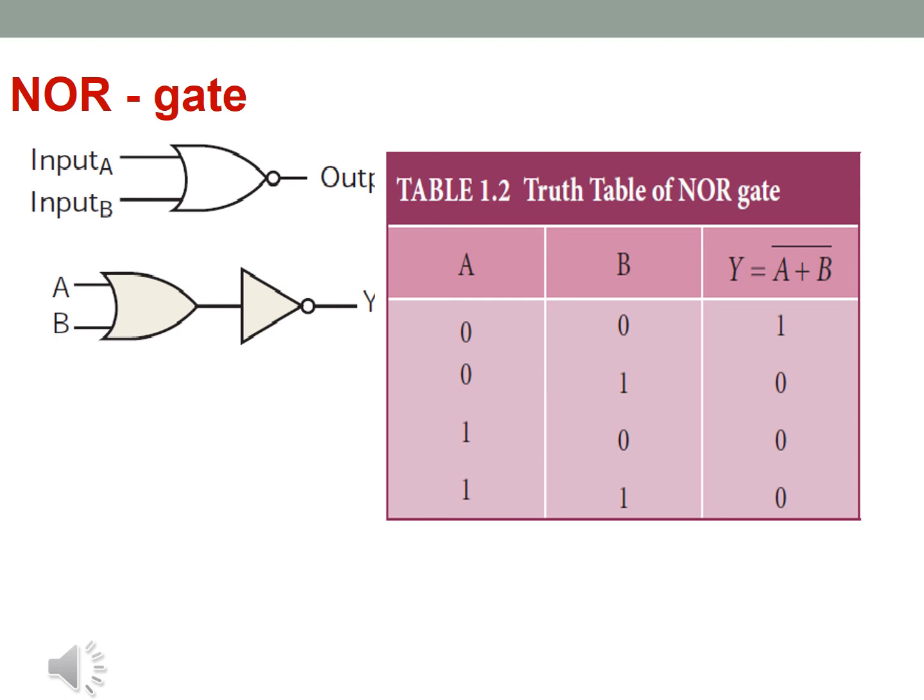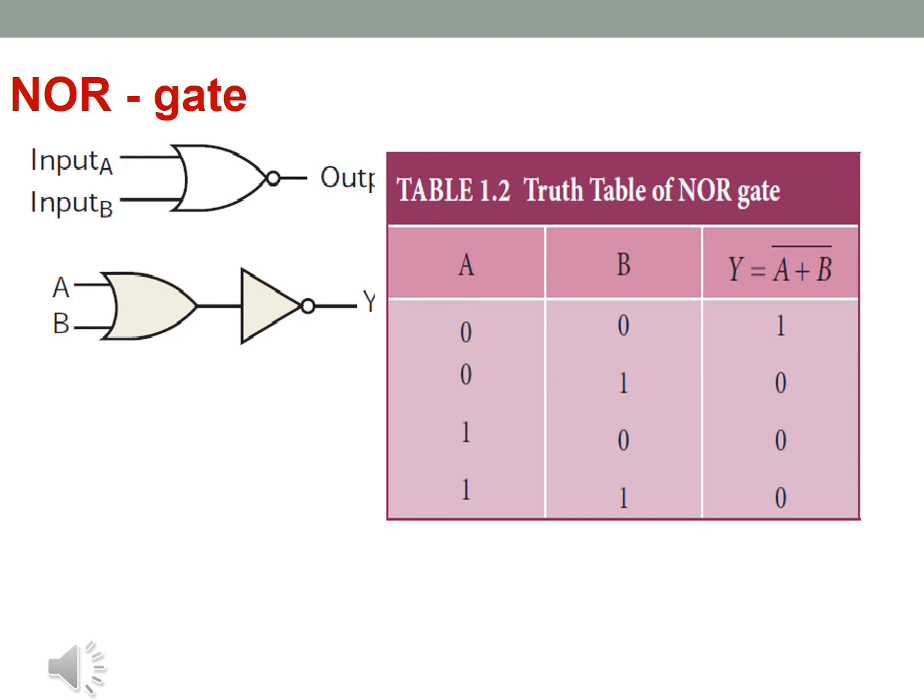For an XOR gate, the output Y is high only when input A is low and B is high, and vice versa. It will be low on other conditions. The unique characteristic of the XOR gate is that it produces a high output only when an odd number of high inputs are present.